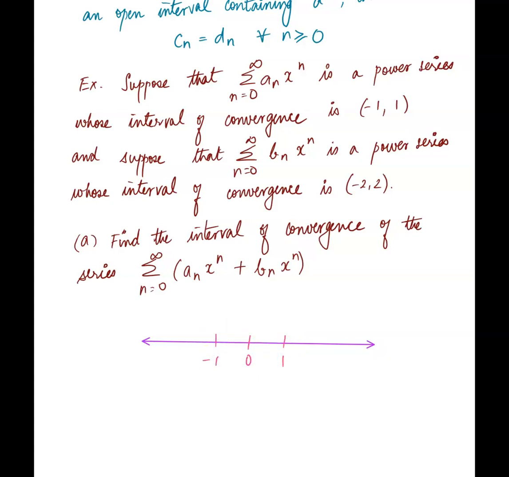This seems to be the interval for a_n x^n. And the interval for b_n x^n is -2 all the way to 2. Let me shade that.